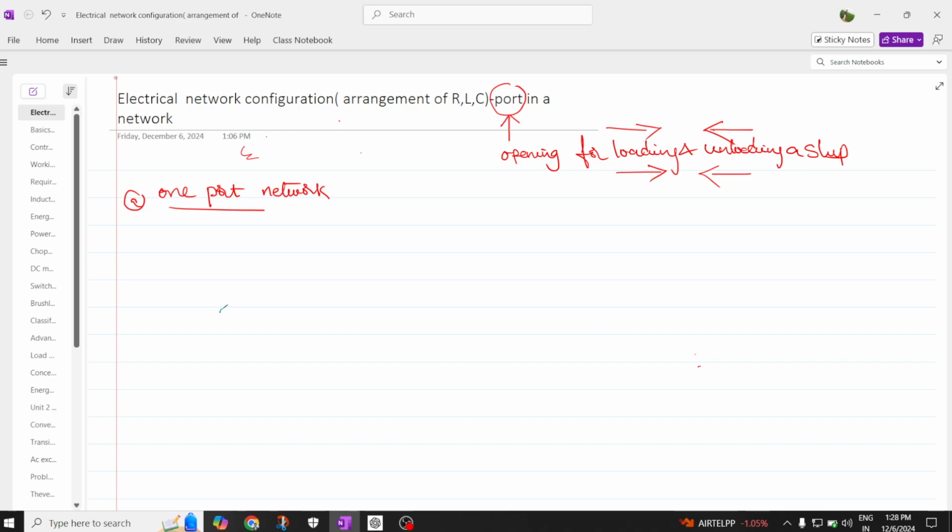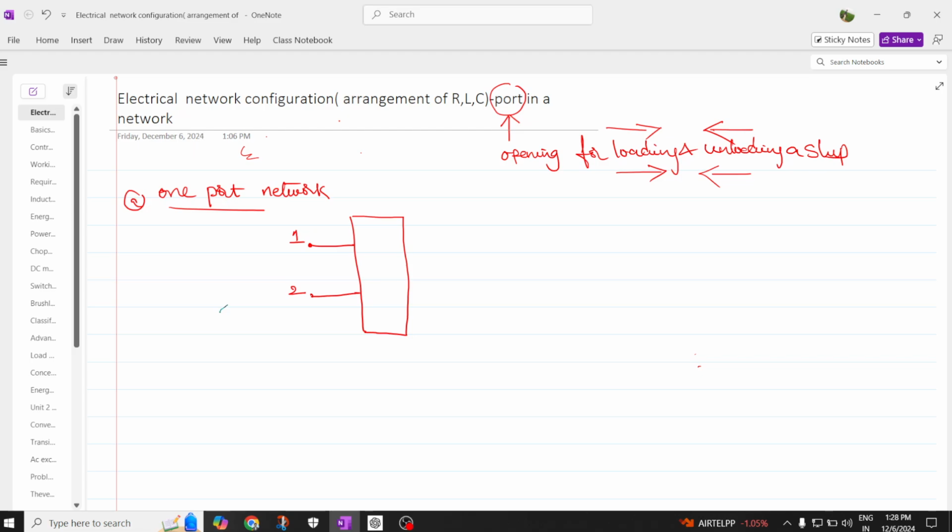Any network can be diagrammatically represented. So we are saying a network that can be represented via a rectangular box. This is a rectangular box which consists of two terminals. This is terminal 1, this is terminal 2.